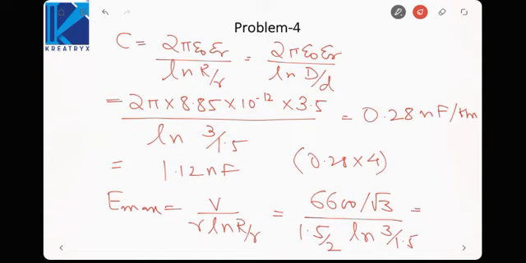Okay, so how much will this come out? 6.6 divided by root 3 divided by 0.75 divided by ln 2. So this comes out to be 7.33 kilovolt per centimeter. Okay, so this will be the maximum electrical stress and it will occur at the surface of the conductor.